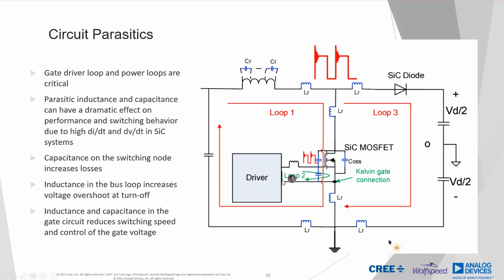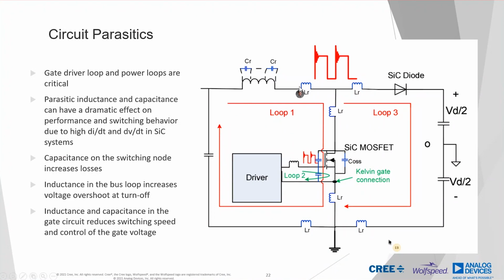So even though your driver is driving -4 to +15 volts, the voltage that the MOSFET sees could be higher than that transiently, which could lead to damage of the gate oxide. So you need to keep this loop physically short on the circuit board, and also use techniques like a Kelvin source connection for the gate driver and a copper pour source between the gate driver and the MOSFET to reduce the inductance in the gate drive loop.